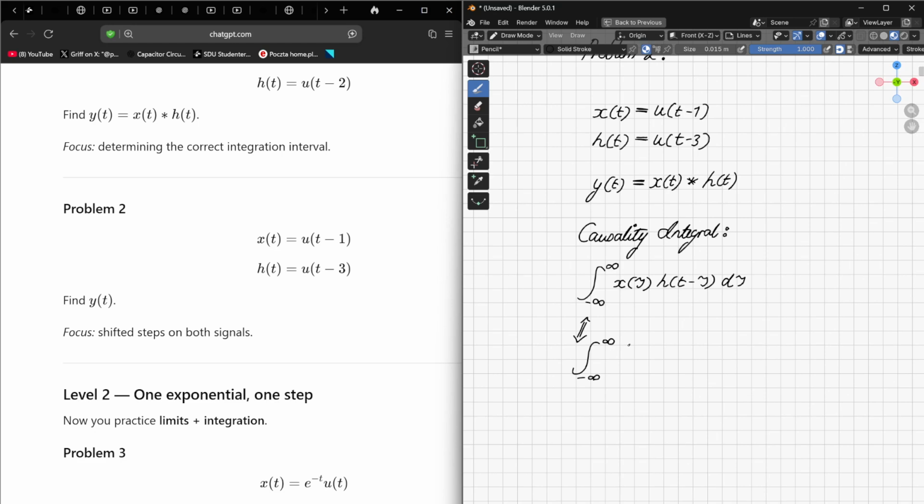So u(t minus 1), and then this should be u(t minus 3 minus tau) d tau.